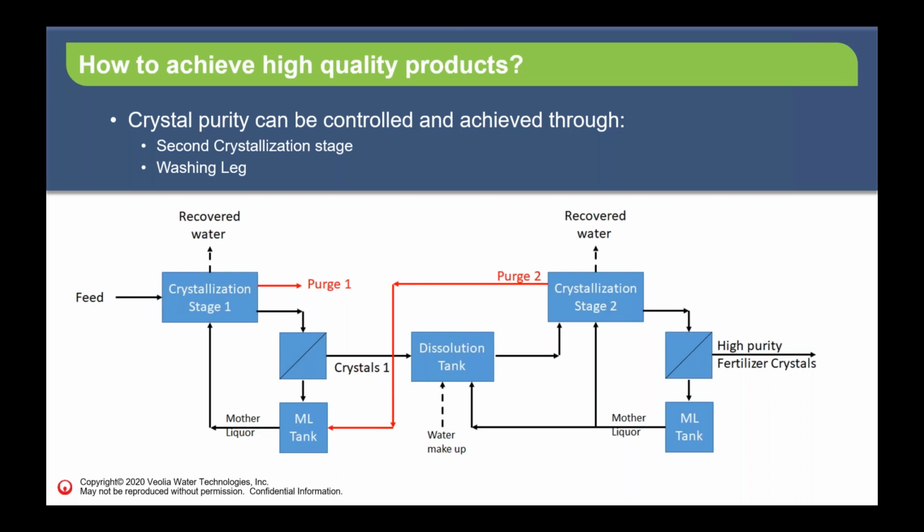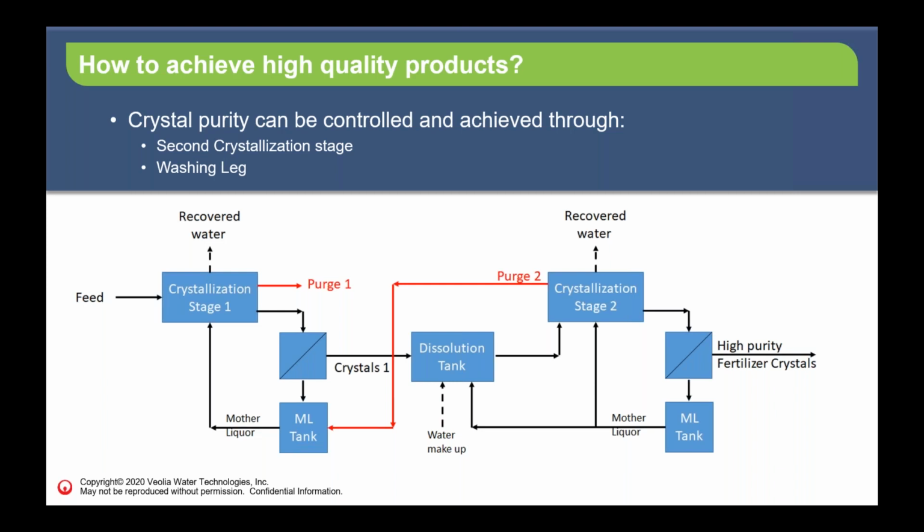We dissolve these crystals, which means that we also dilute the impurities coming with the crystals. This means that when we go to the second crystallization stage, we recreate these crystals in an environment that is more diluted in impurities. We can also have a purge there, which also allows us to control the concentration of impurities.